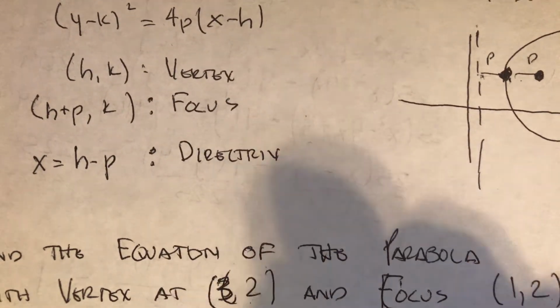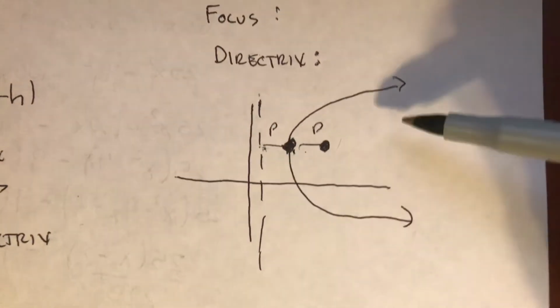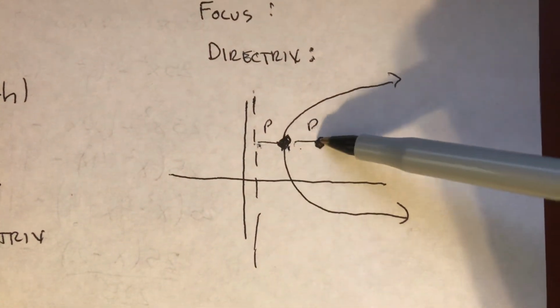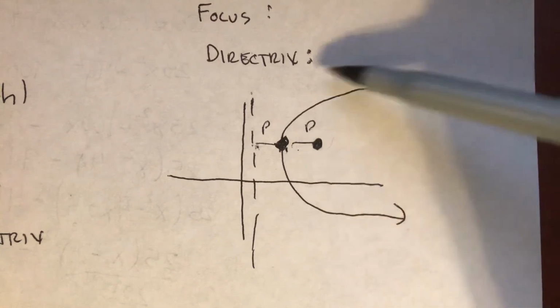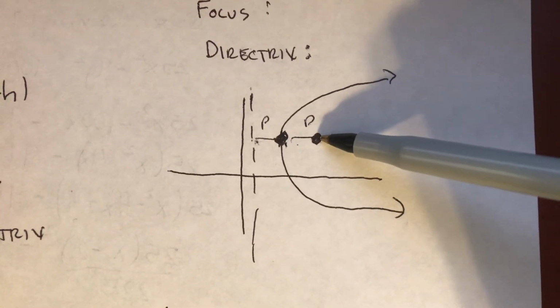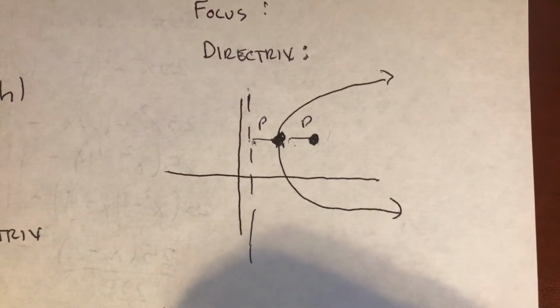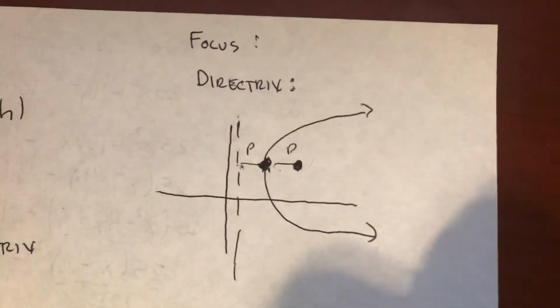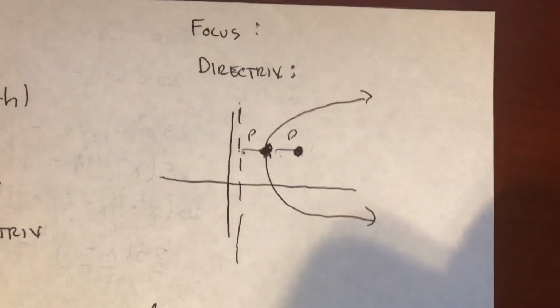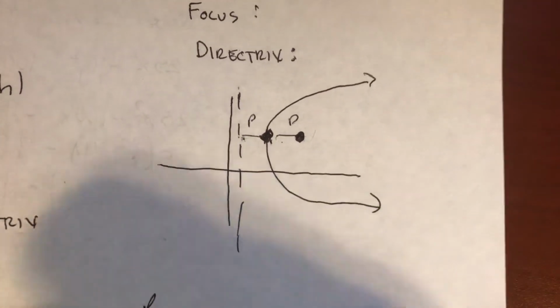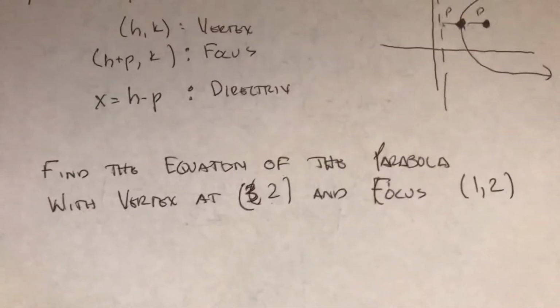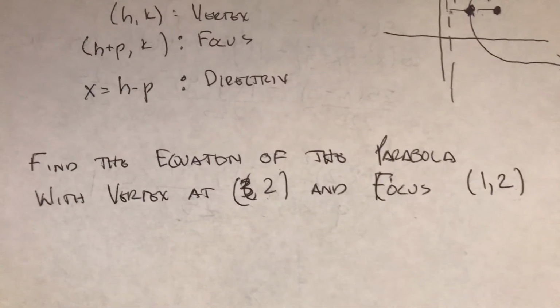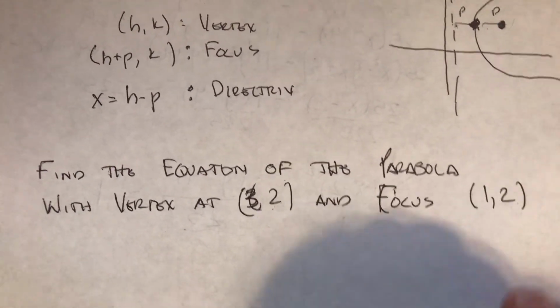That means that, going back up here to this picture, one thing you should always notice is that the focus of a parabola is always inside the parabola. So if the vertex is at (3, 2), and the focus is at (1, 2), that means it's moving to the left, correct? And if it's moving to the left, that means that my p-value is negative.